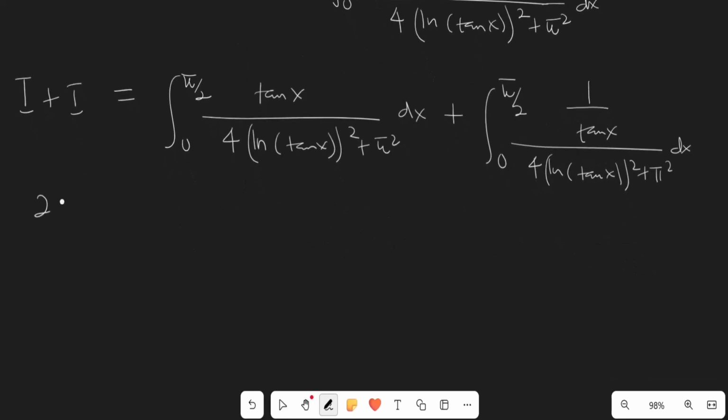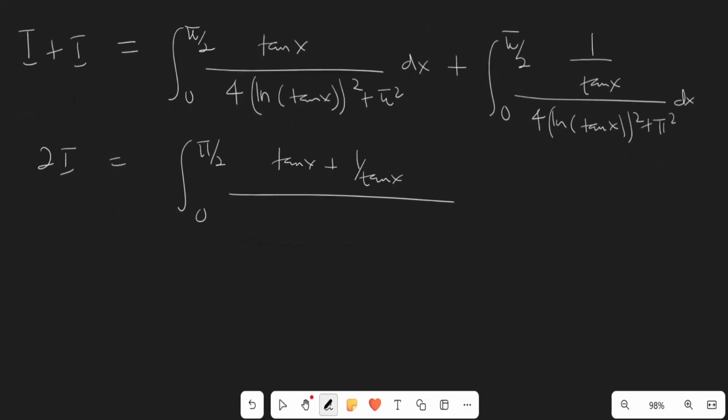I plus I is 2I. We can combine these as the integral from 0 to pi over 2 of tan of x plus 1 over tan of x in the numerator. The denominators are the same, so we just write it again: 4 natural logarithm of tan of x squared plus pi squared dx.